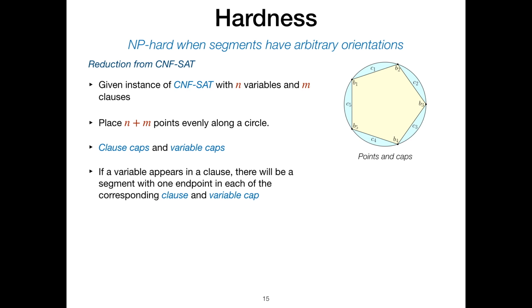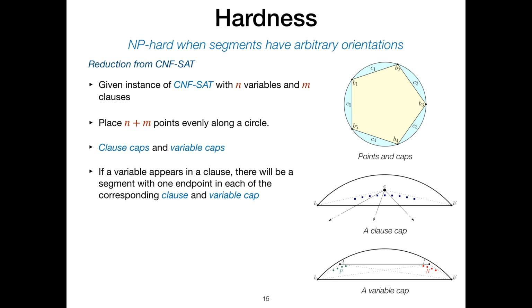We place points in both clause caps and variable caps. What's placed in the caps is more complicated, but I won't explain it in the slides. Now look at the picture on the top. We construct it this way because the pentagon is always in the convex hull and we can focus on things inside the caps. Only complexity in the cap matters.